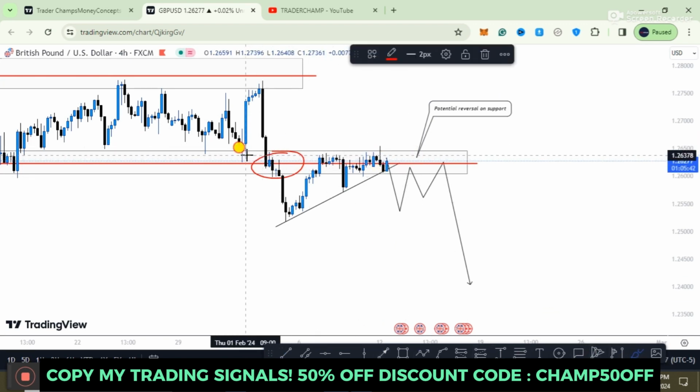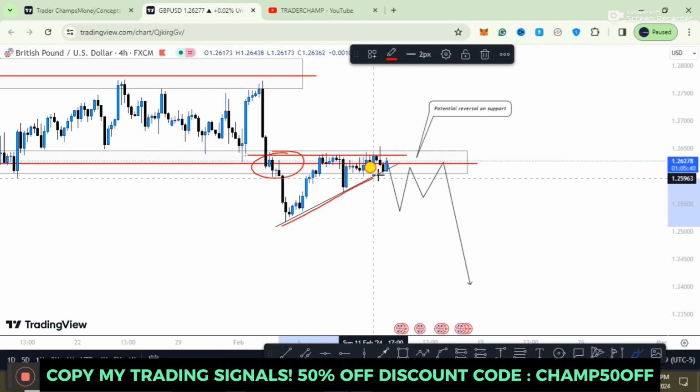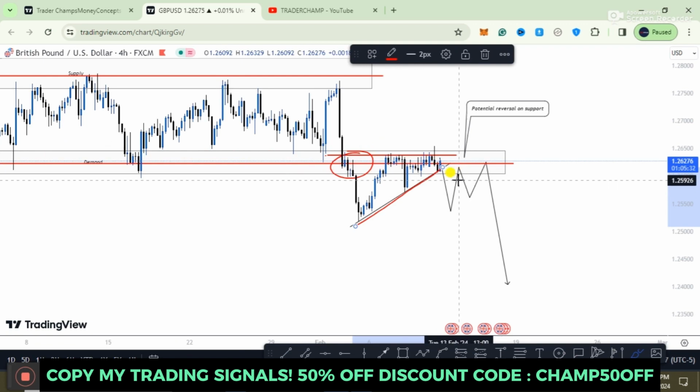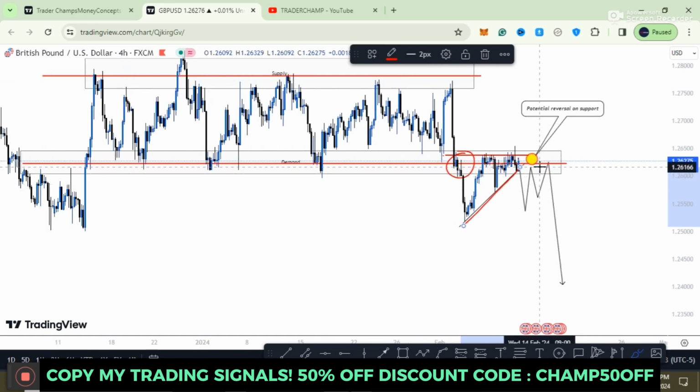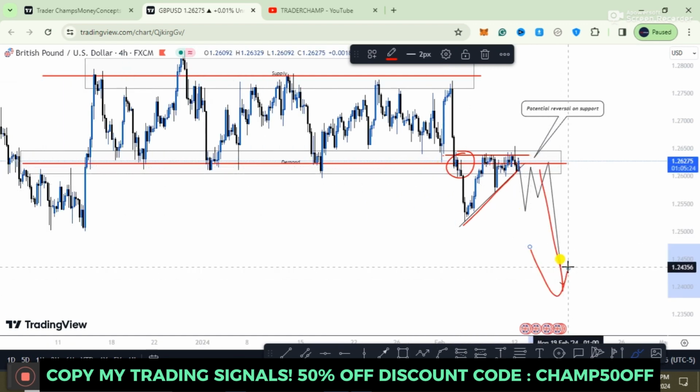So we have a chance of seeing a breakout over this bearish pennant or the bearish flag, and if the price confirms a bearish breakout over this flag or the pennant, then we have a chance of seeing a downward shift or a price action towards the downside.